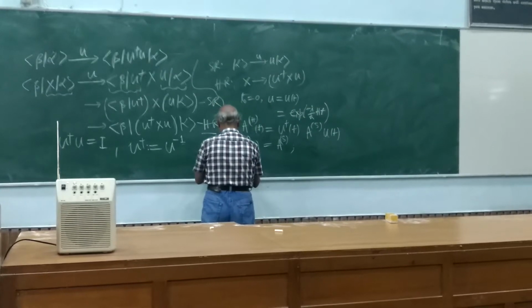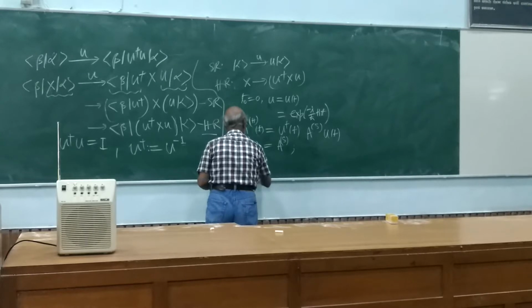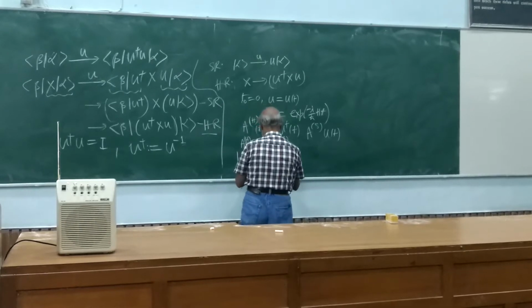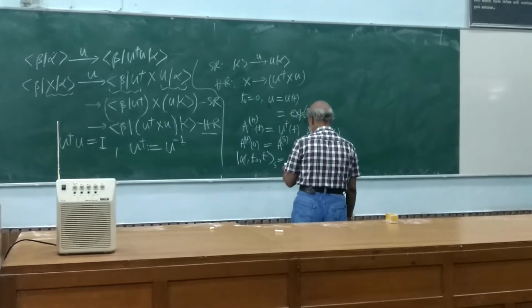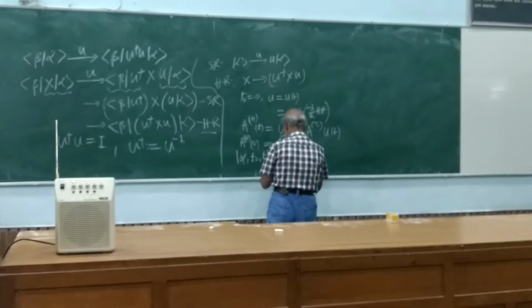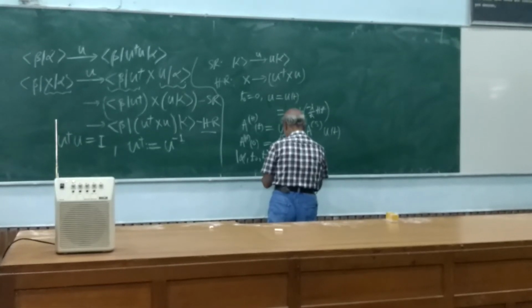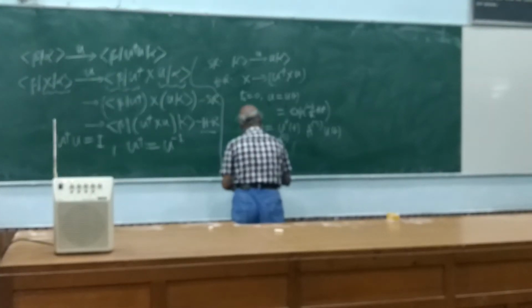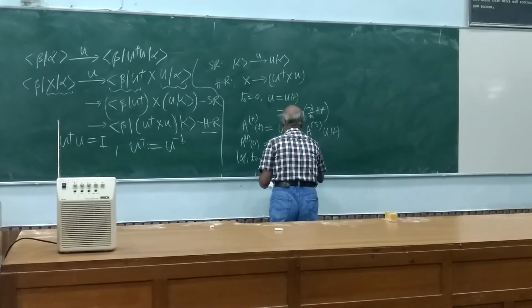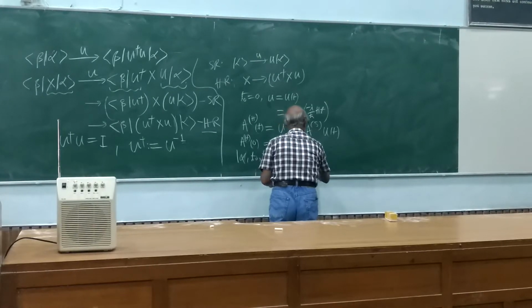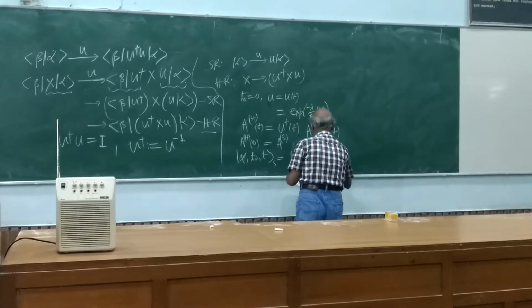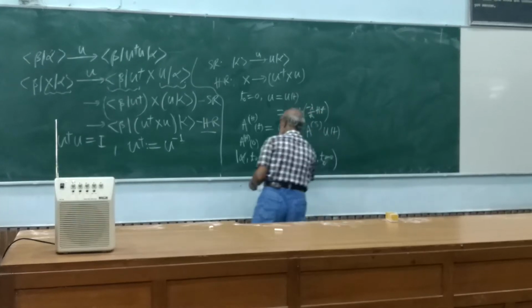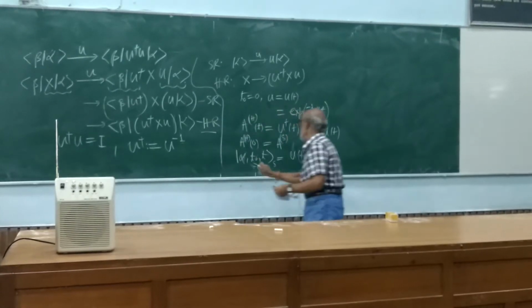And also now alpha, T0 and T, this is my Schrodinger state vector, and this is equal to U of T alpha at T0, where T0 is equal to 0.